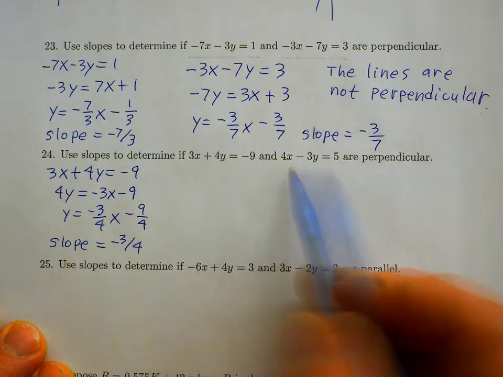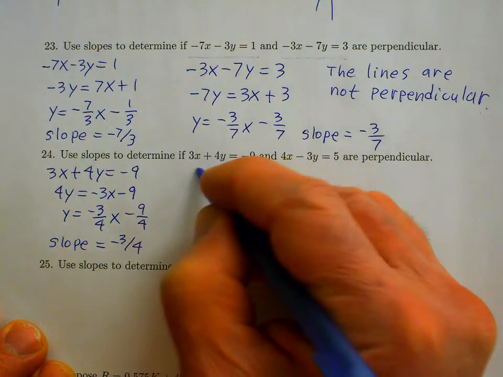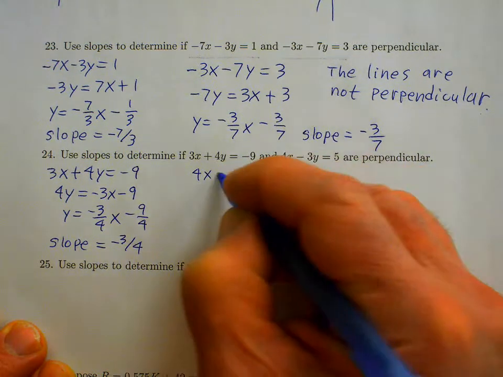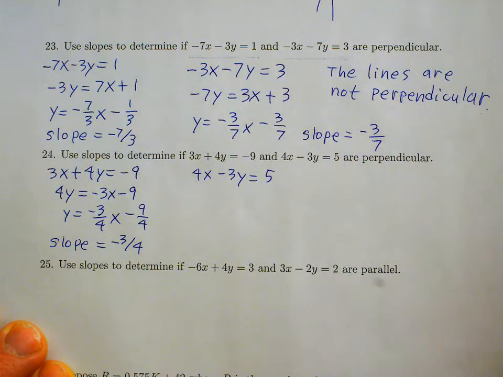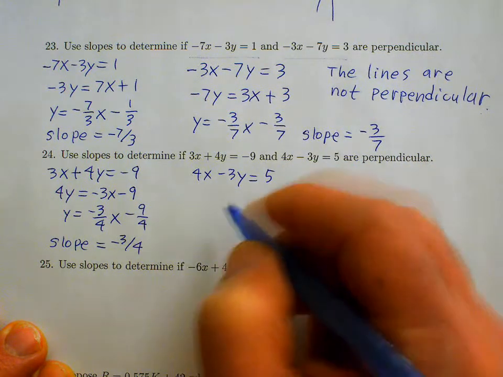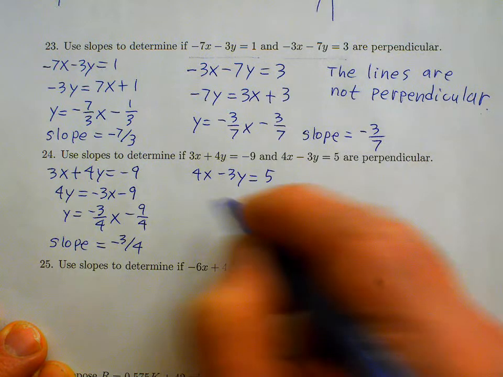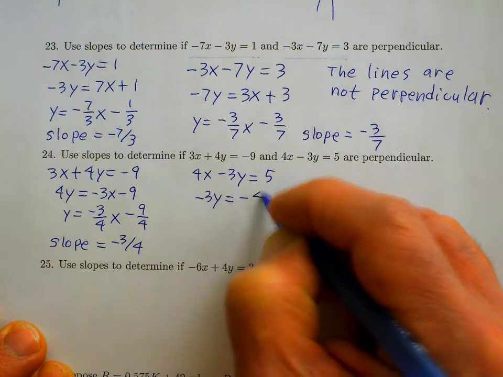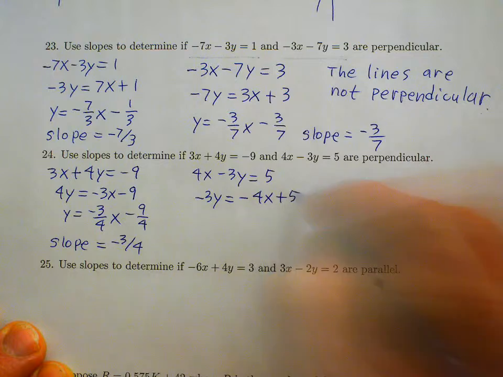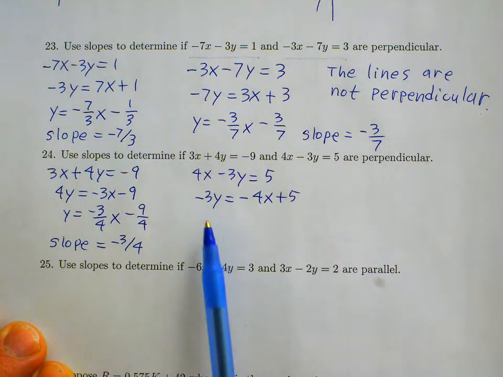Then the other line is 4x minus 3y equals 5. Solve for y. So first subtract 4x from both sides. We get negative 3y equals negative 4x plus 5. Then divide every term on both sides by negative 3.